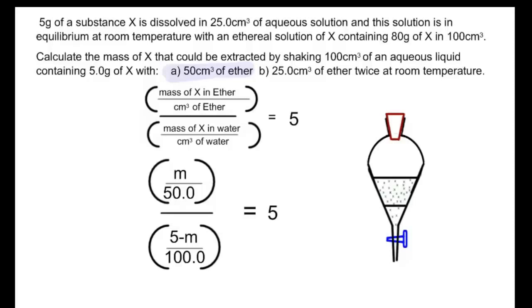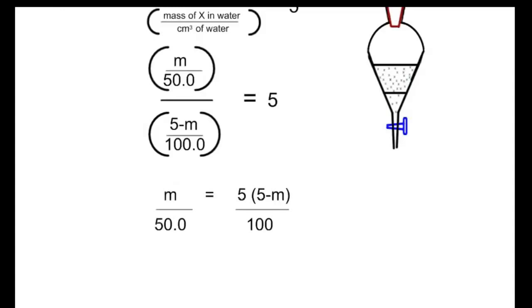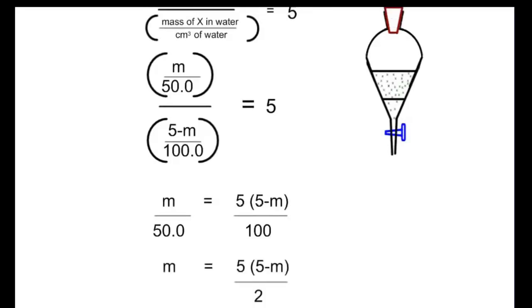The mass of X left in water will be 5 minus M over the volume of water 100, and that has a partition coefficient of 5, we've just established that, or 5 over 1. So you cross multiply, you may recall, so that gives us M over 50 times 1 on the left hand side, and 5 times 5 minus M over 100 on the right.